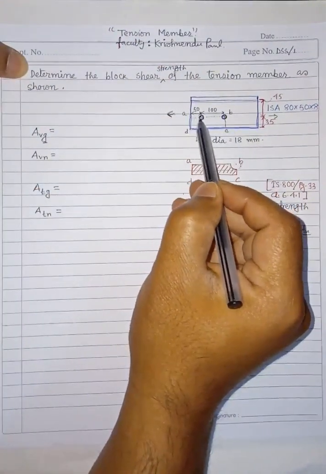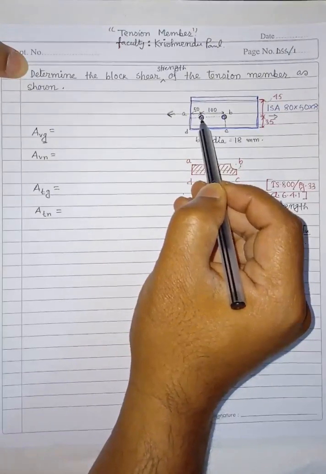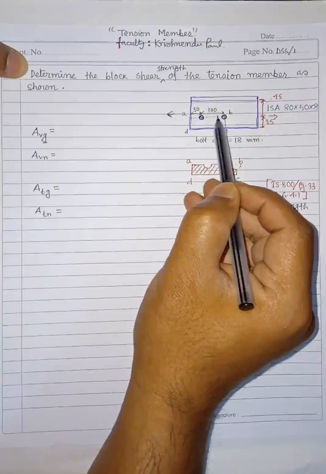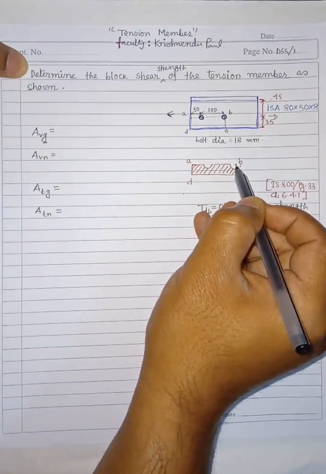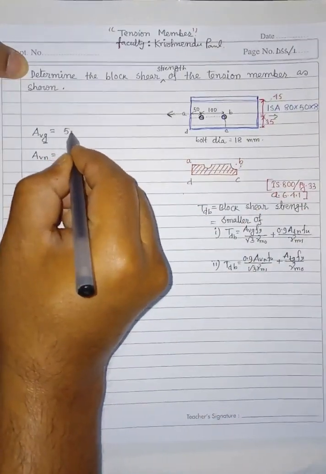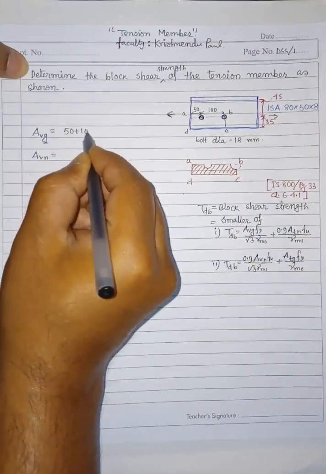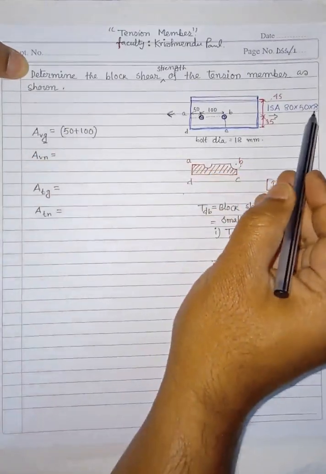It is 50 from the outer edge to the center, and from center to center it is 100. So from this point to this point it should be 50 plus 100, into thickness, which is equal to 8 millimeter.